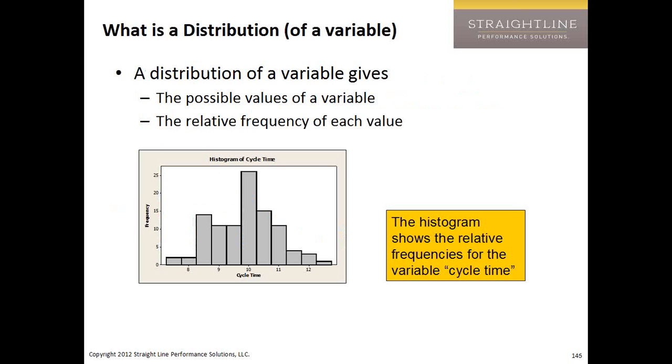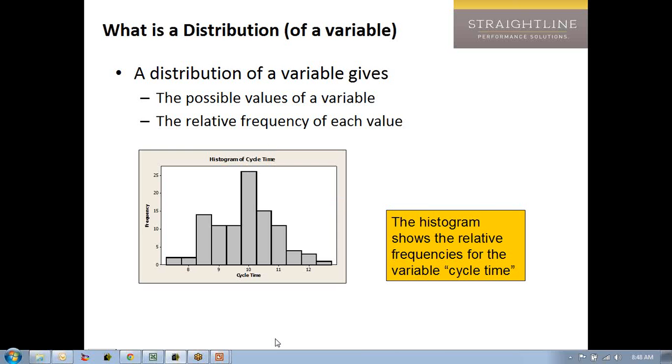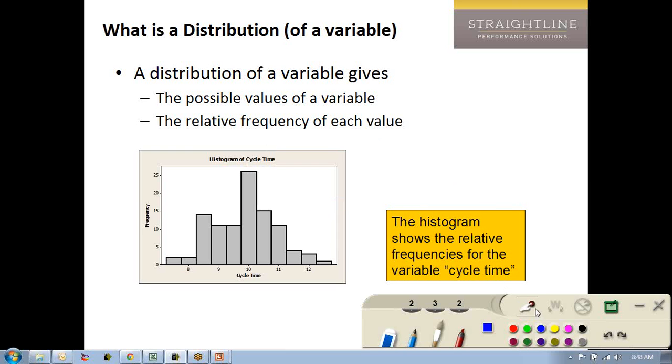So what's a distribution of a variable? A distribution says these are all the possible values and the relative frequency of each of those values. That's really what a distribution is. If we take a look at what that looks like here, in reality, if we took more samples, it might look more like this smooth curve that I'm drawing.